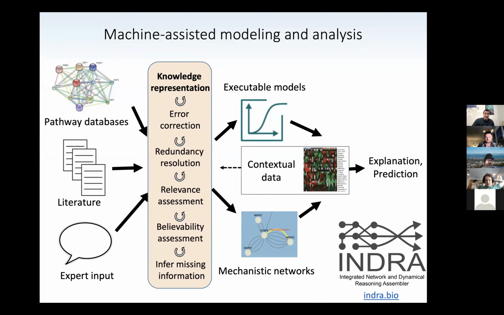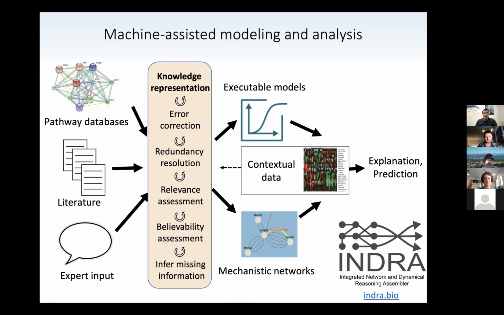So for several years now, we've been working on systems that can automatically assemble knowledge from multiple sources, including from structured sources like pathway databases, from the literature using text mining and expert input. And here we mostly mean causal mechanistic knowledge.